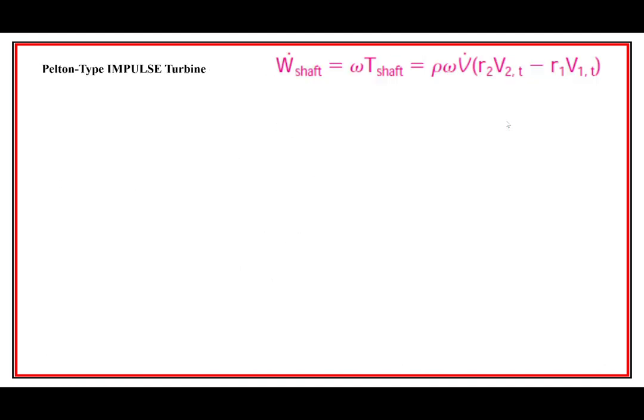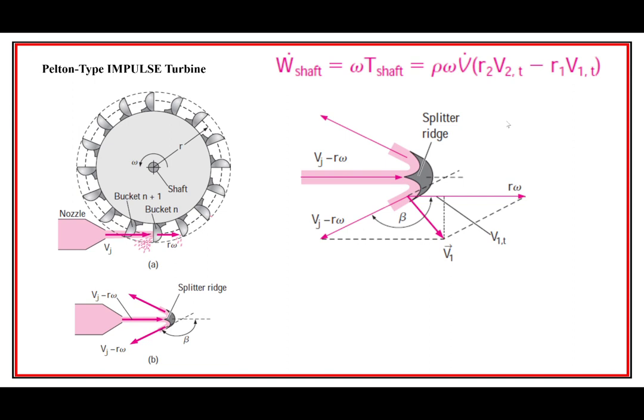Point 2 is the inlet. Okay, so I was wrong. So velocity 1 should be the outlet, and it's going to be this relative velocity right here.